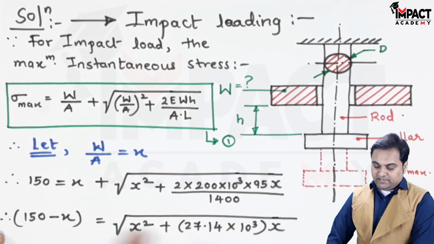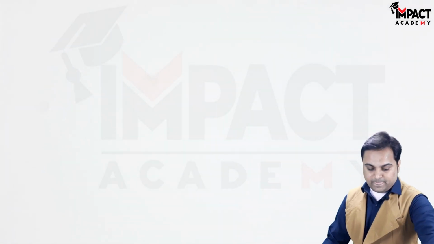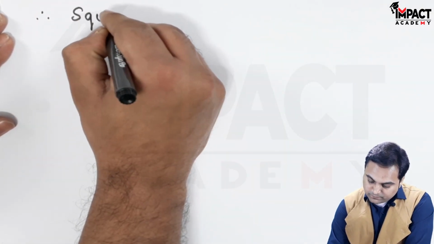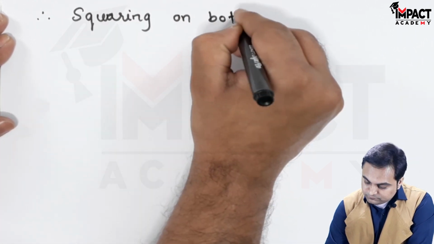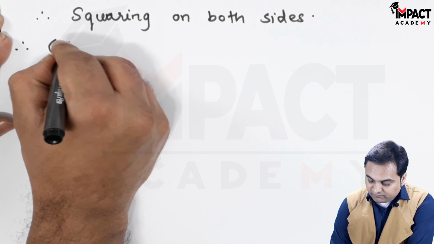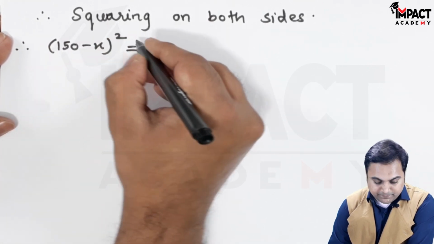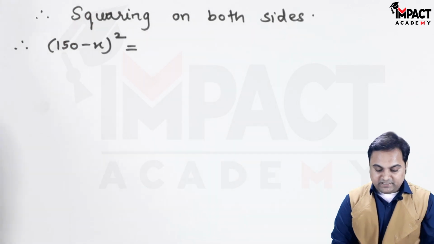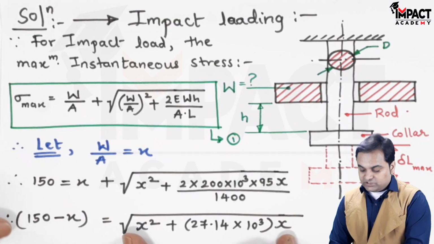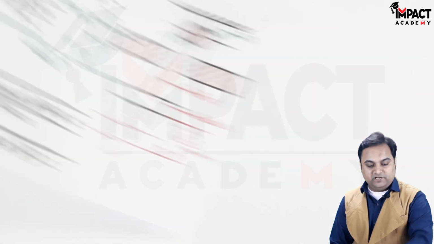I would be squaring on both sides to remove this square root sign. So therefore, squaring on both sides, on the left hand side we have 150 minus X, that will become whole square, and then this entire root sign would be eliminated and we have the term inside the root sign which would be left.